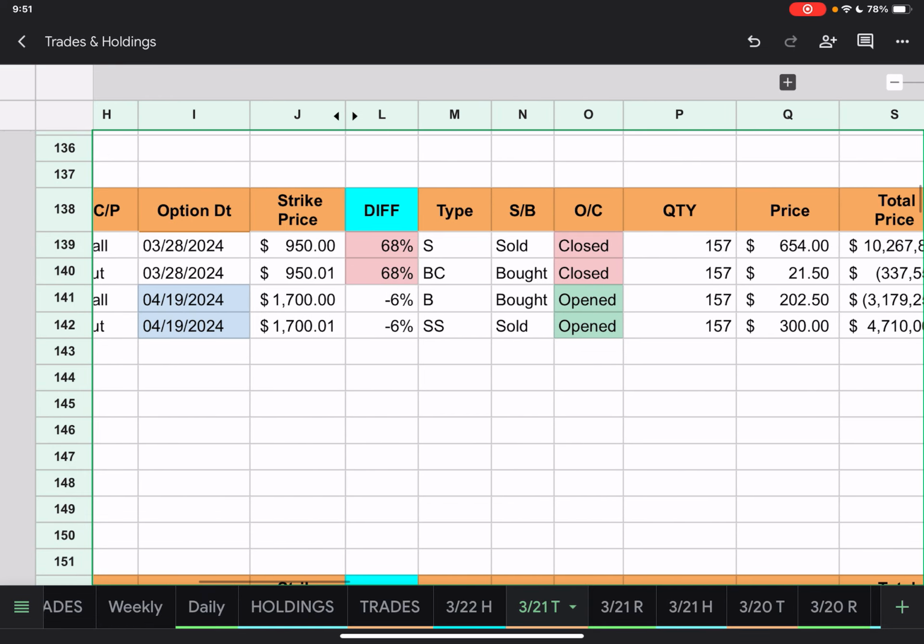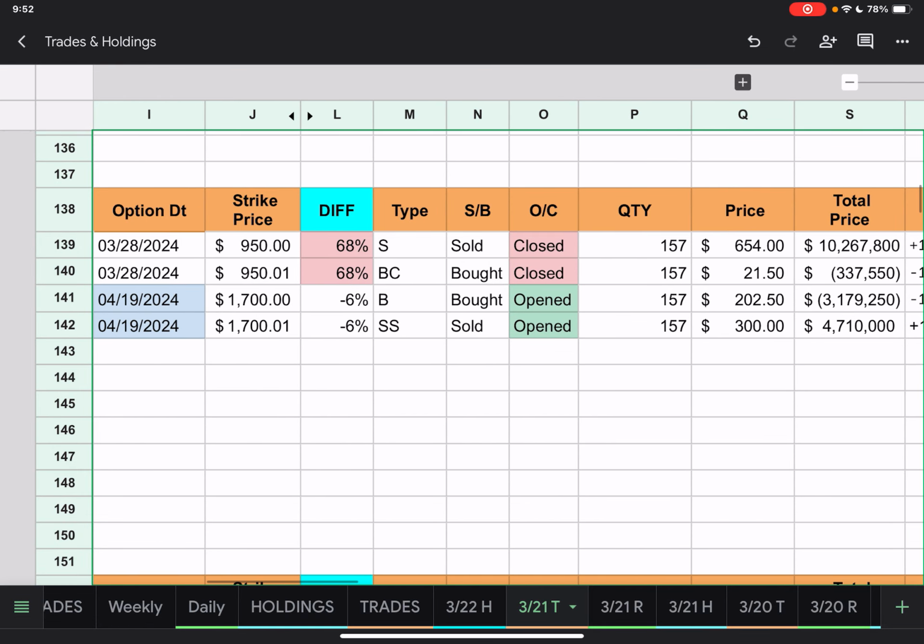So if we go over to the right, we can see that they rolled the 157 contracts that were going to expire next week to next month, and while doing so, selling the old ones, they got almost 10 million, and then by adding to the synthetic position they already had, they got another 1.6 million.